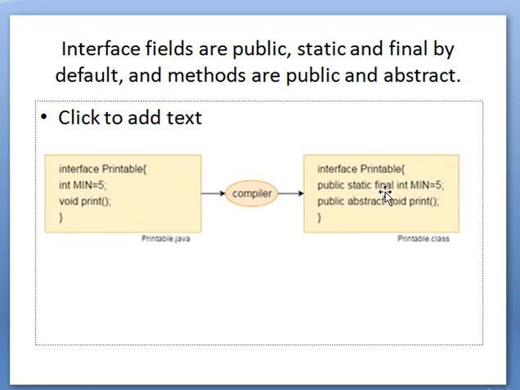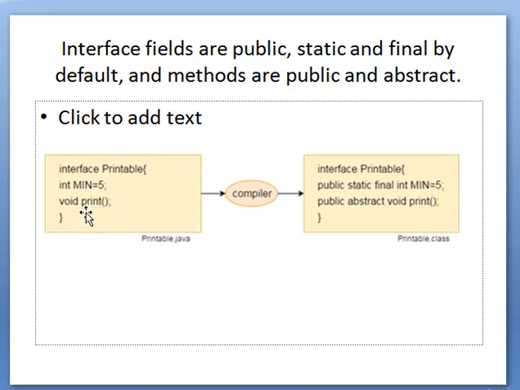Public means this variable is accessible to everyone. Static means these variables are visible to everyone throughout the program. Final means this variable is constant; no one can change its value.